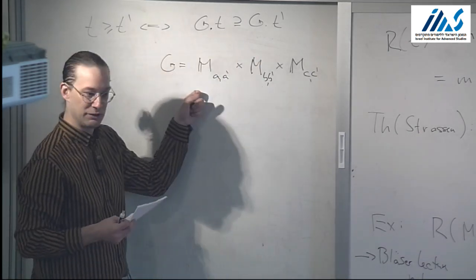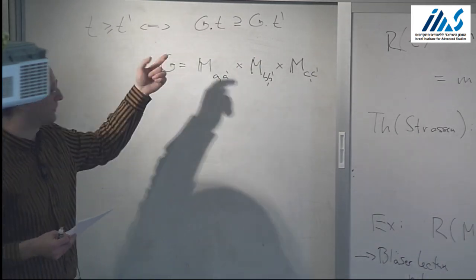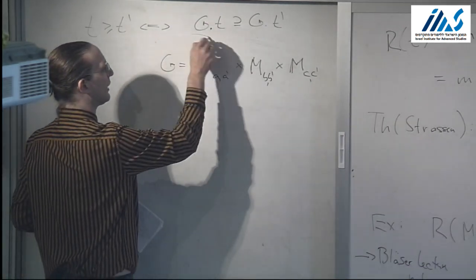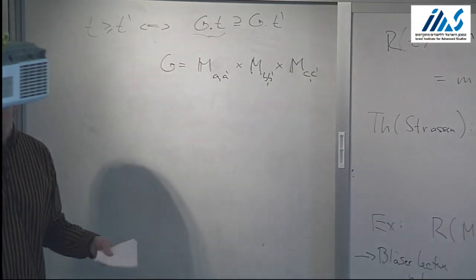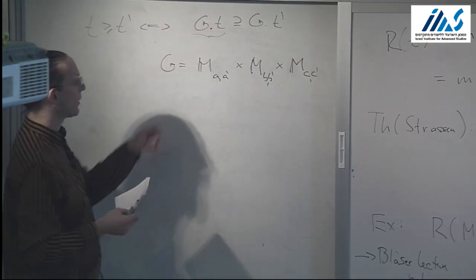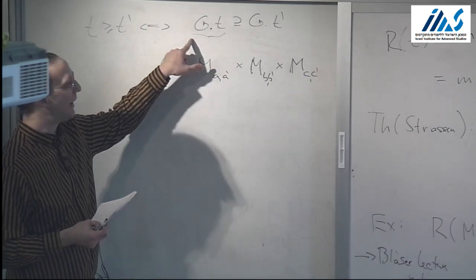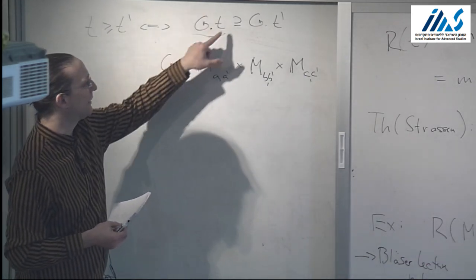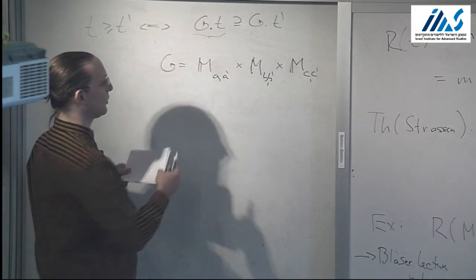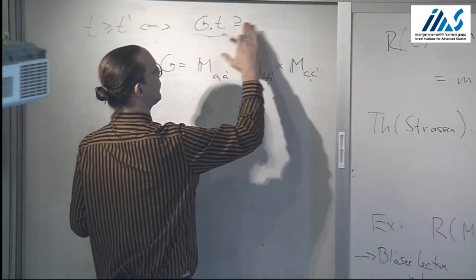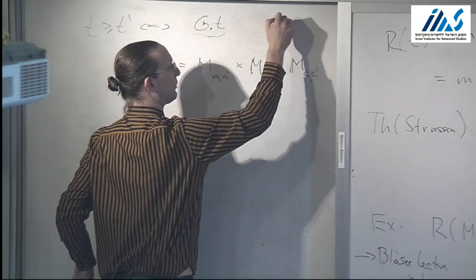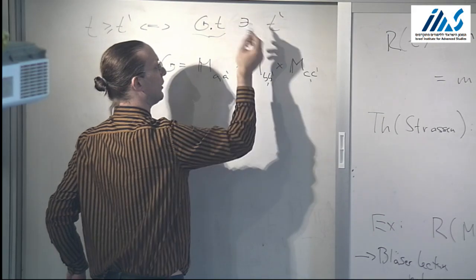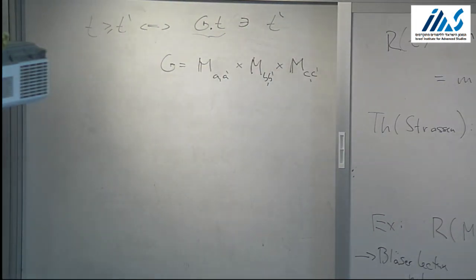Under all these matrices, right? So the orbit of T is the collection of all the things that you get from T when you apply restrictions. That's GT. And this is equivalent to asking, is T prime in the orbit of T under this action?